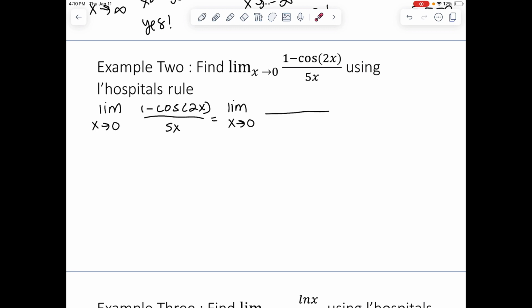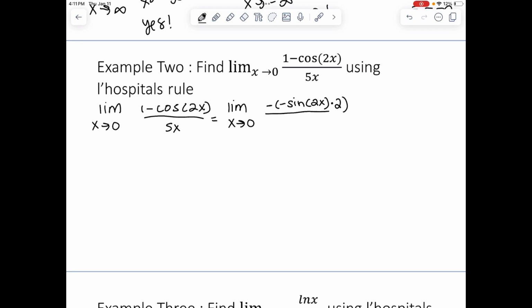So the derivative of 1 is 0, so that's gone. This is the chain rule because this is composite. The outside function is minus cosine, and the inside function is 2x. I'm going to start by taking the derivative of the outside function. The minus was already there, so it would be minus, in parentheses just to help us, a negative sine, because the derivative of cosine is negative sine. 2x stays in, and then I have to take the derivative of the inside, which would be 2.